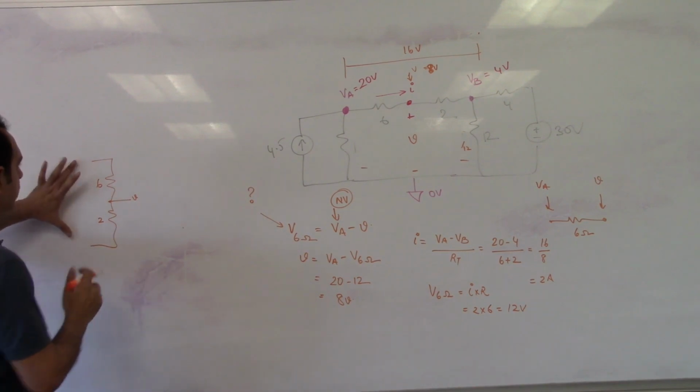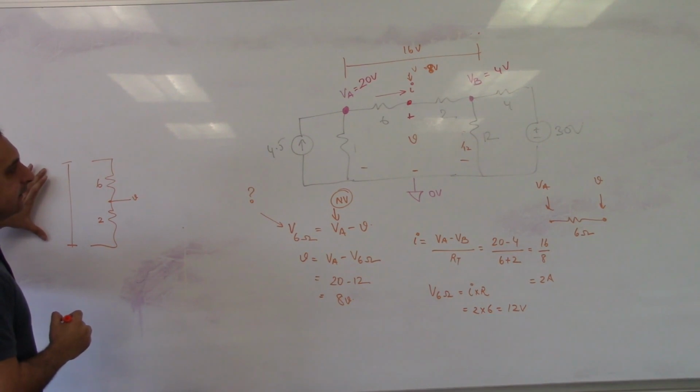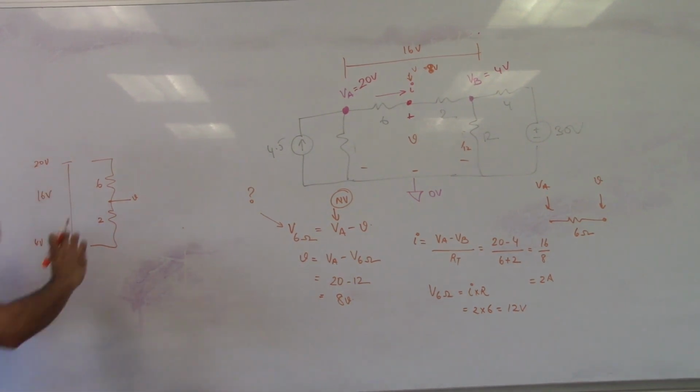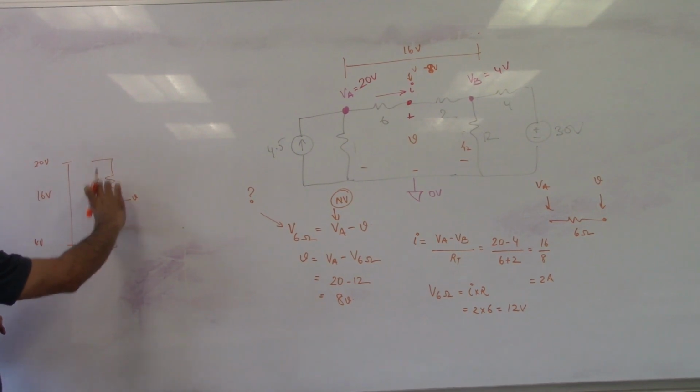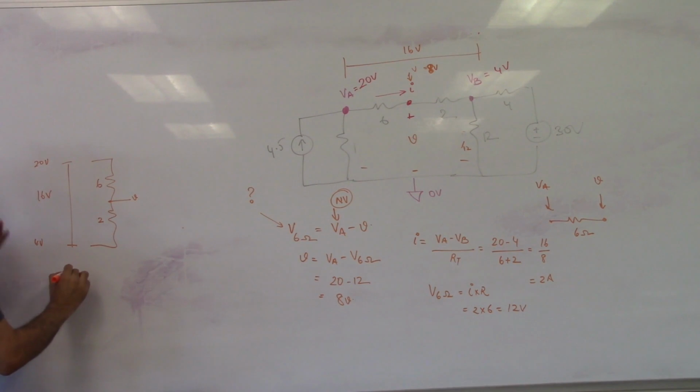What is the total voltage across both of these? This is 20 and this is 4 volts, so this will be 16 volts. So if this is 16 volts, you can find the voltage across 2 ohms or the voltage across 6 ohms. Let's find the voltage across 6 ohms.